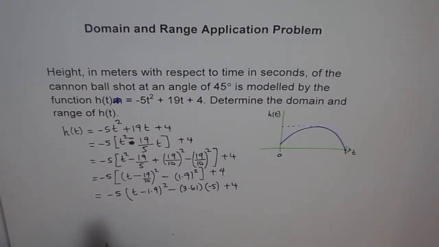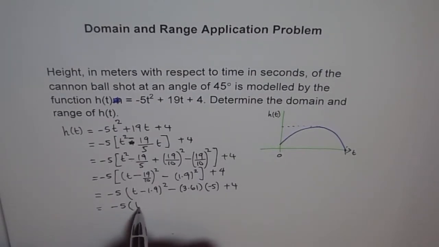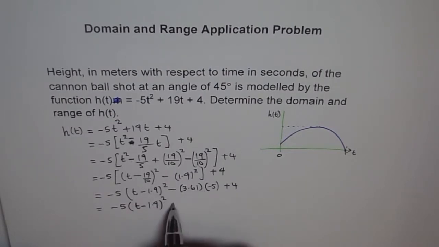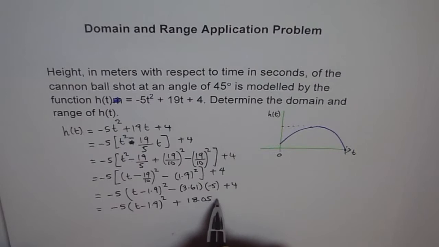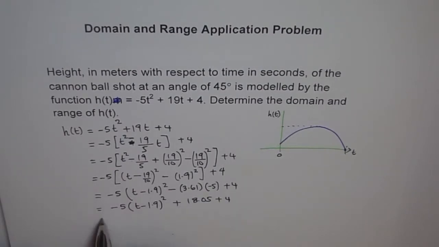So I will write minus 5 times t minus 1.9 squared, minus minus becomes plus, and 3.61 times 5 gives 18.05, plus 4. When you add them up, you get your vertex, and the vertex happens to be at 1.9.